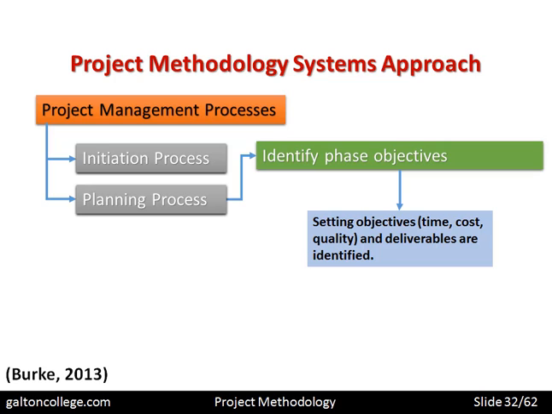So identify phase objectives. So try to work out what are the objectives. Setting objectives, time, cost, quality, and the outcomes, the deliverables. Set these and identify them. So set out the parameters of the project.